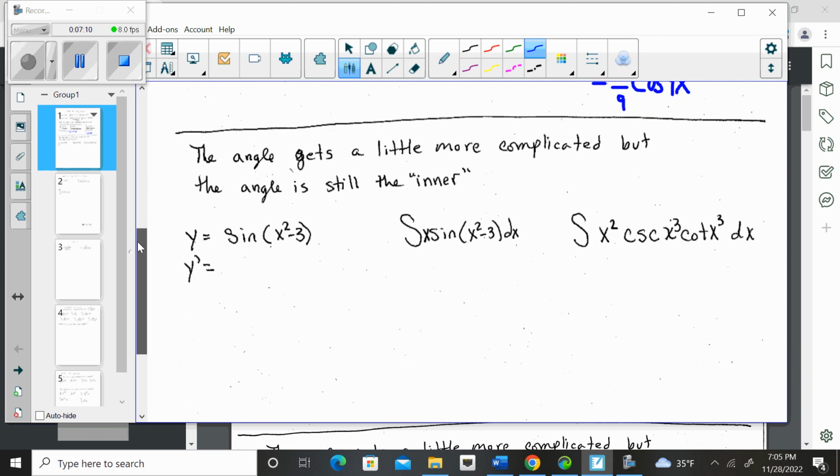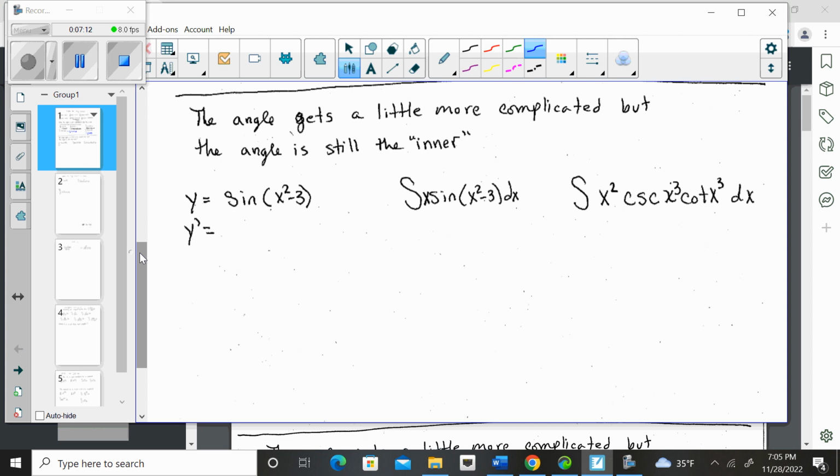complicated? Okay, so what if the angle is not just some constant times x? So if we look at this first one, so again, following exactly what we said, derivative of the outer, so the derivative of sine is cosine, keep the angle the same. So the angle never ever changes.